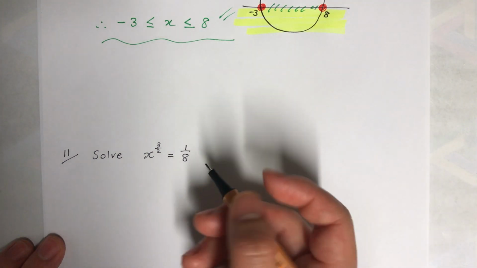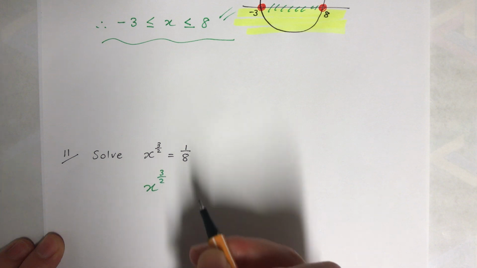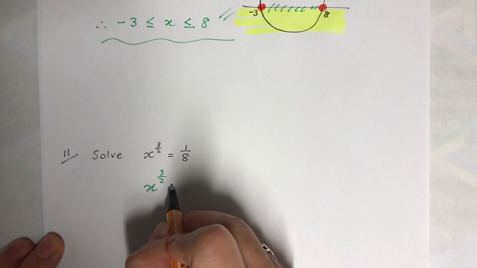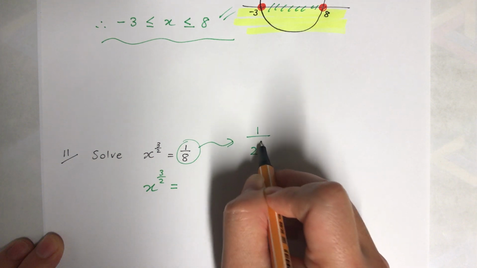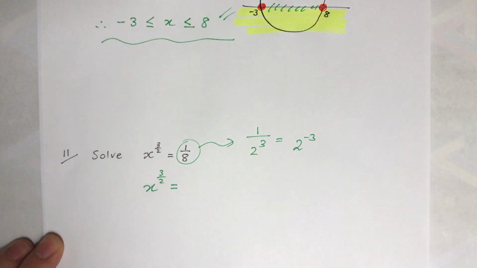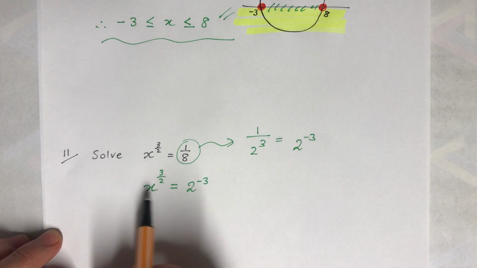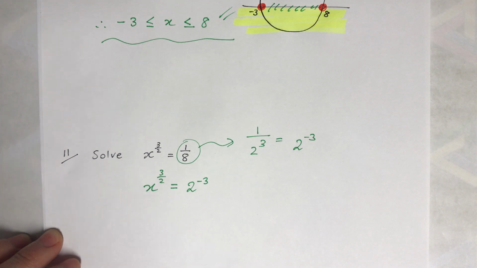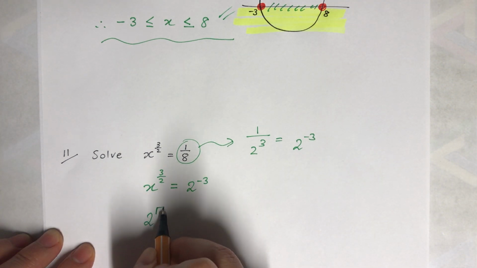Next one, solve. This is quite a nice one because it's not easy. It's a bit tricky. Now this is what? 1 over 2 to the power of 3. So I can write it 2 to the minus 3. So that has to be the same, yeah? So I'm going to think about this.